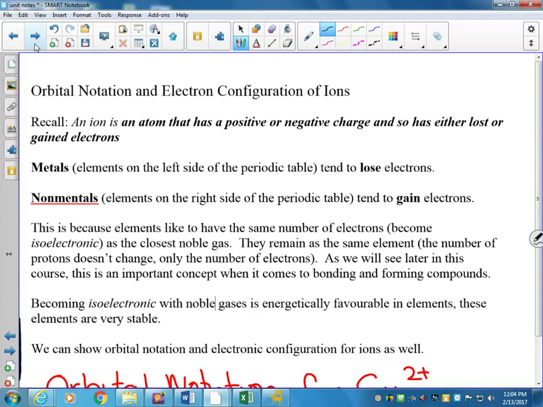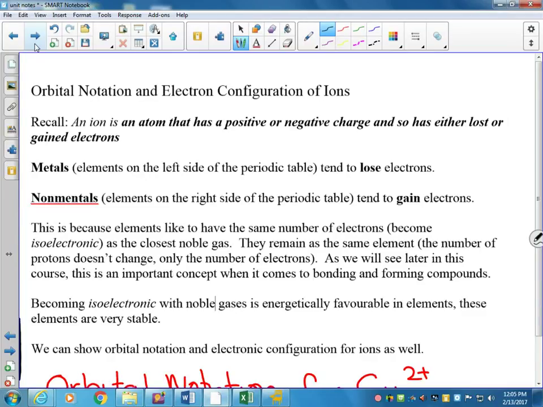Okay? So metals, we know, are the ones that like to lose electrons. Nonmetals, they're on the right side. They like to gain electrons. That's the columns I was talking about, metals, nonmetals. Okay? That's because elements like to have the same number of electrons, or become isoelectronic. Iso means the same.